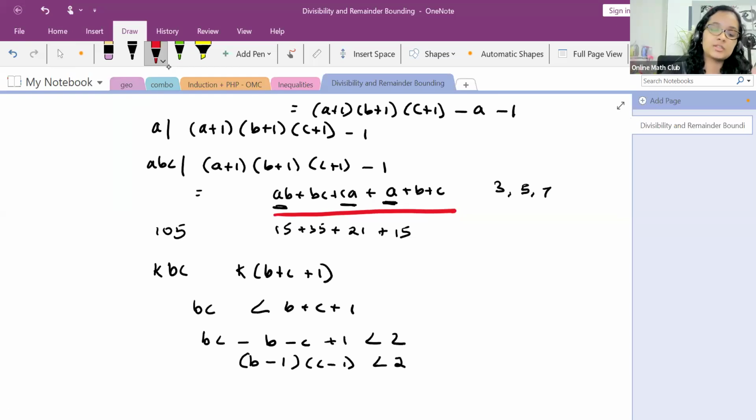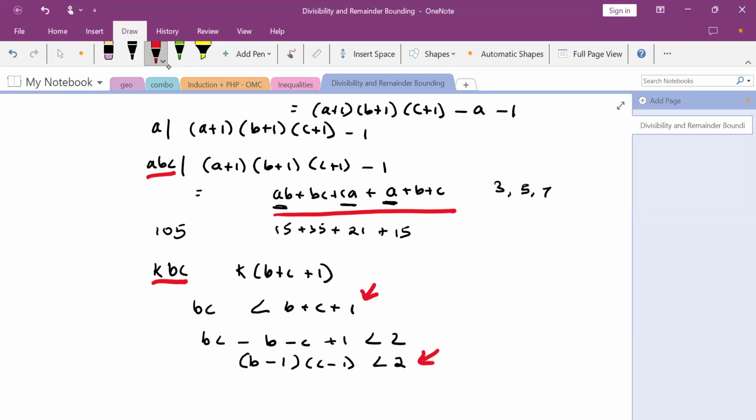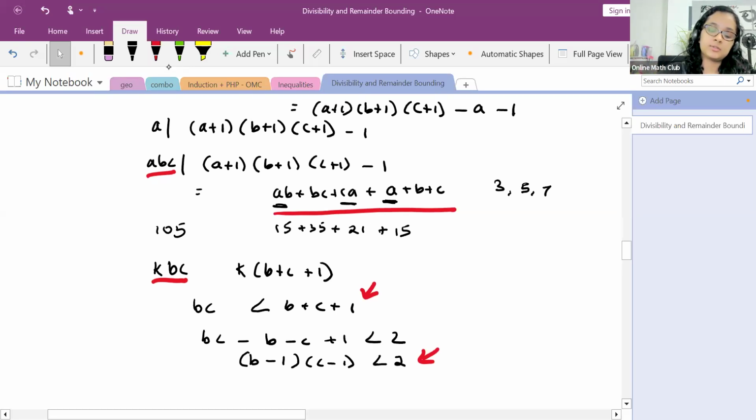Suppose you're increasing A by some K, then LHS increases by K times BC. But RHS increases by K times B plus C plus 1. So the only bad case is when this happens, but this is equivalent to this, which is a contradiction. I just say if it's not clear. So I hope that's fine.